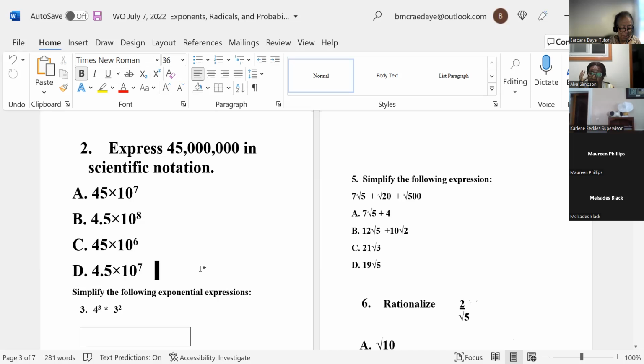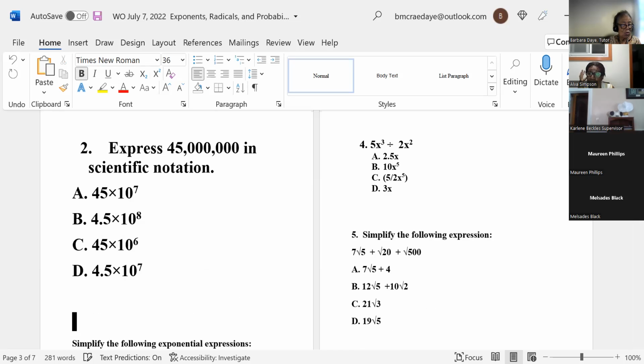That's a number times 10 to a power. So which one would you say, Alva? Now the decimal point is right here, and you're gonna move it to the left, and you know it's between the 4 and 5. What would be the answer, Alva?